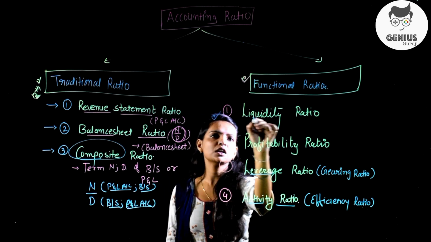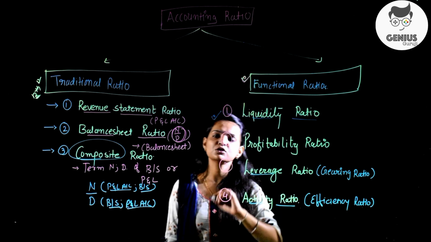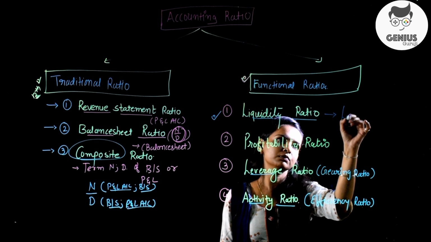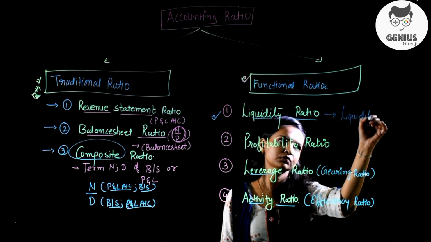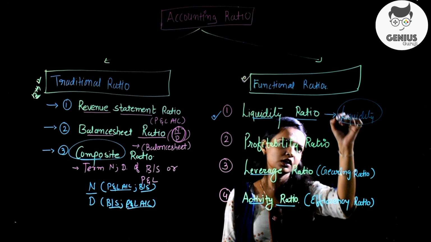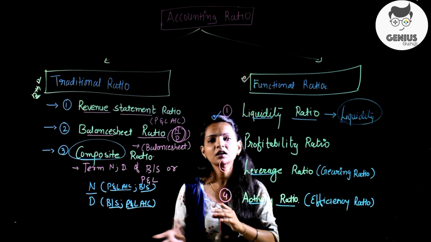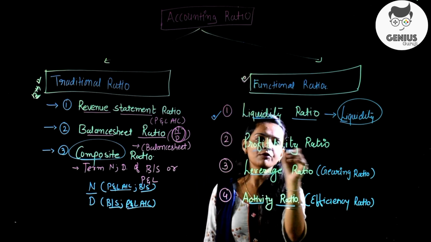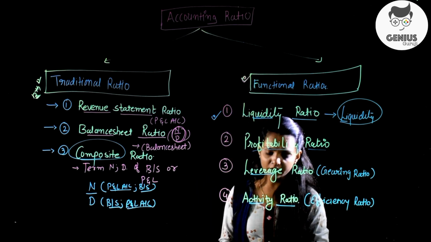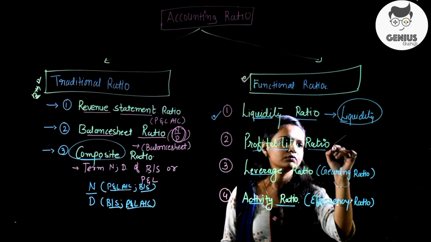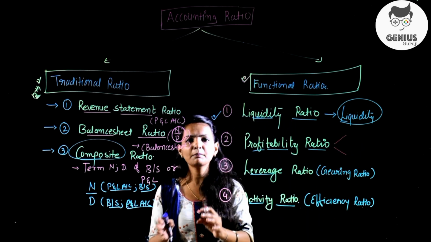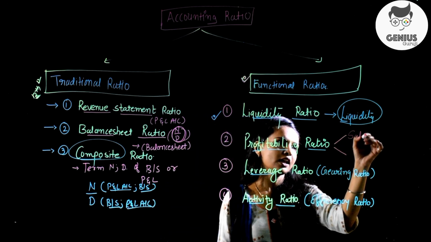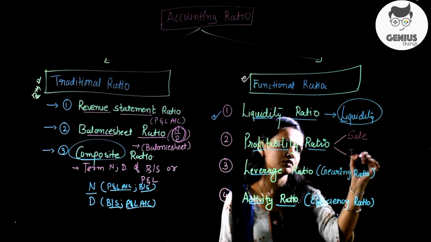First is liquidity ratio. In this type of ratio, you are analyzing the liquidity of a particular firm. That means you are analyzing the working capital position of the firm. Number 2, profitability ratio. It is bifurcated into two parts. Your profitability can be compared in respect to two portions. First is sell and number 2 is investment.